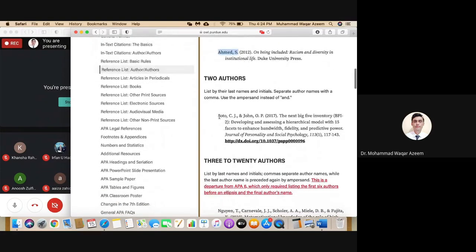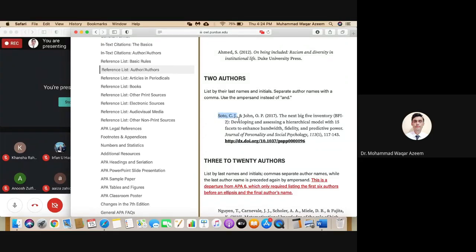Now, if you have two authors put together like this, then notice how they are written. The last name comes first, a comma, and then the initials of the first two names, C and J. After each initial, you need to put a period. Now, this is the full name in inverted order.